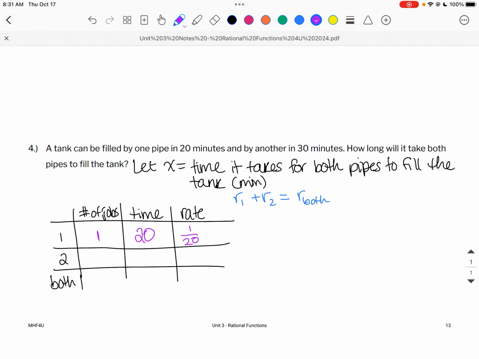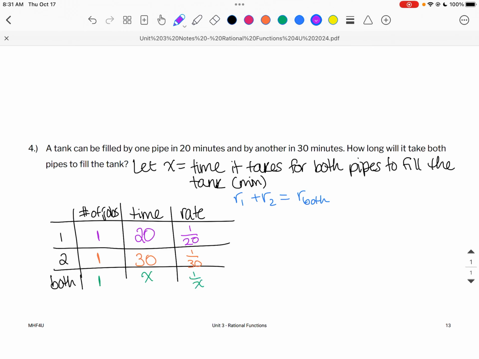That's their rate, 1/20. The second pipe can fill up 1 tank in 30 minutes. So their rate is 1/30. Together, the 2 pipes can fill up 1 tank in X minutes because X represents the time for both. So that means that the rate for both would be 1/X.